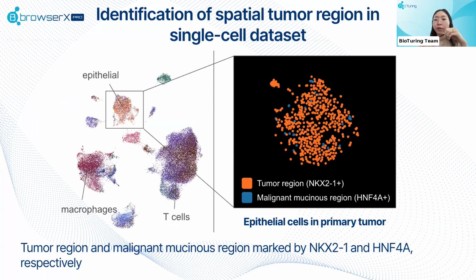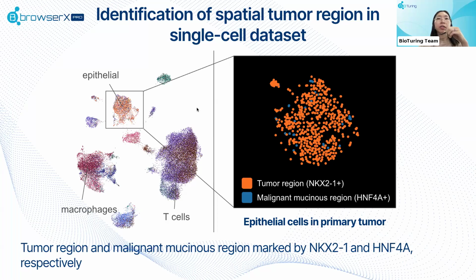All right, so let's go over what I did here first. In this first analysis, I just wanted to see if I can identify those same spatial tumor regions in my single cell data set. So again, I'm looking to see if I can identify the tumor region and the malignant mucinous region here. Within the entire data set, I was able to recognize some major cell types, such as the epithelial cell types up here, the macrophages down here, and the T cells down here as well.